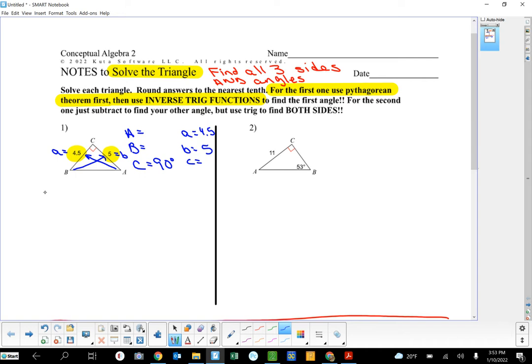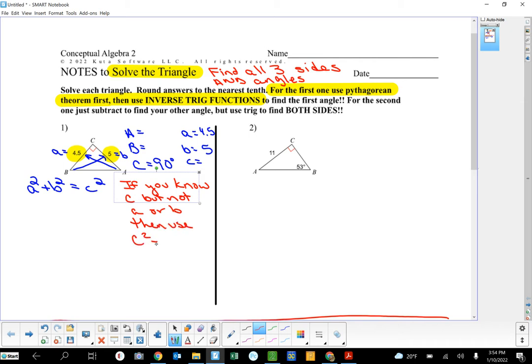And remember, the Pythagorean theorem is a squared plus b squared equals c squared. And we used the plus if we didn't know the c squared. Remember, if you do know c but not a or b, then use c squared minus whichever one you know equals whichever one you don't.